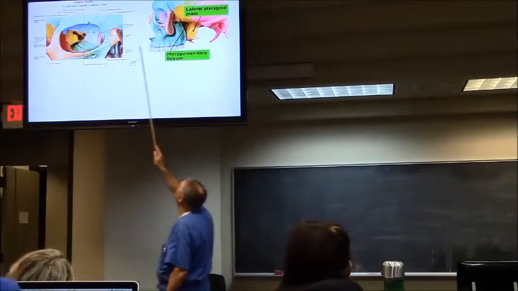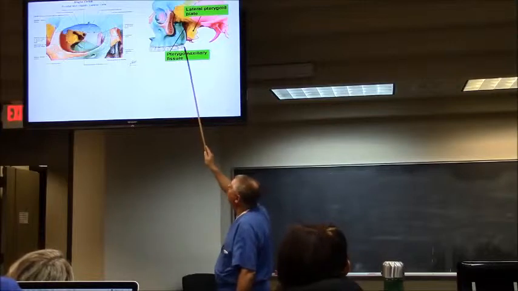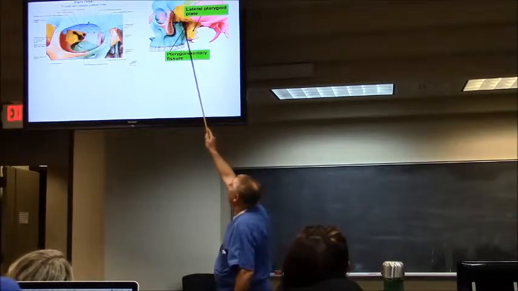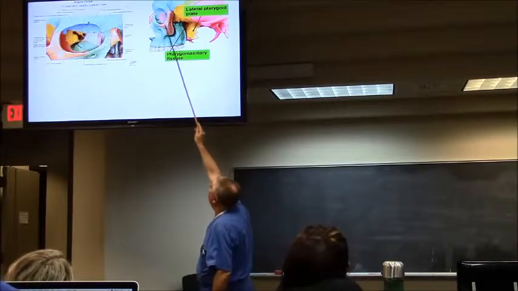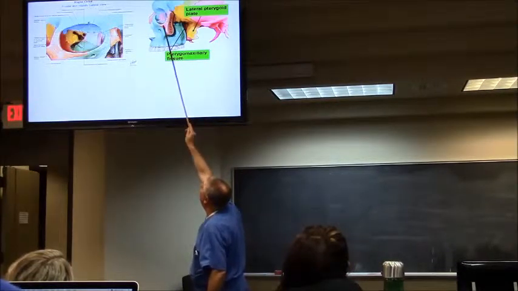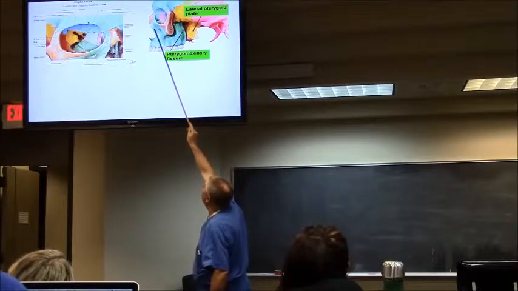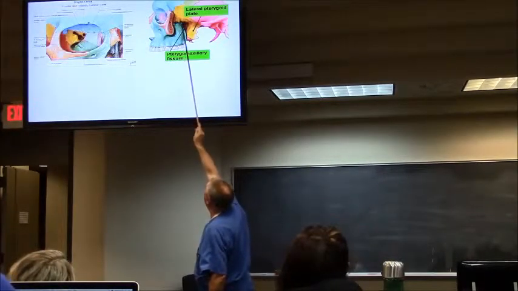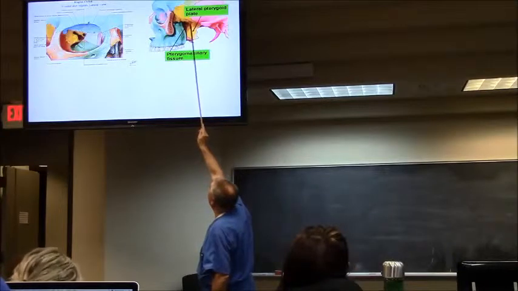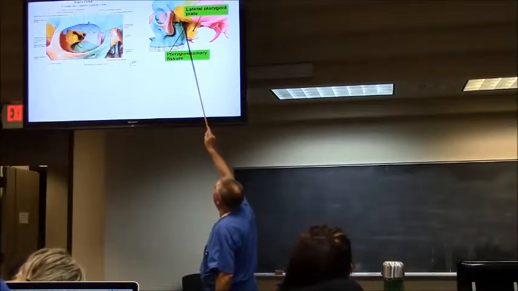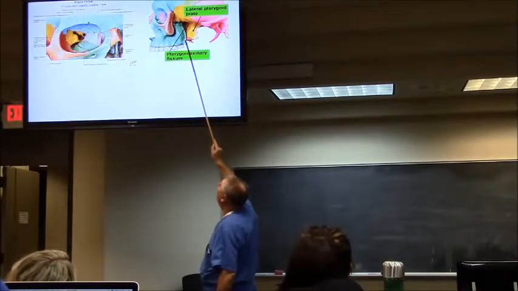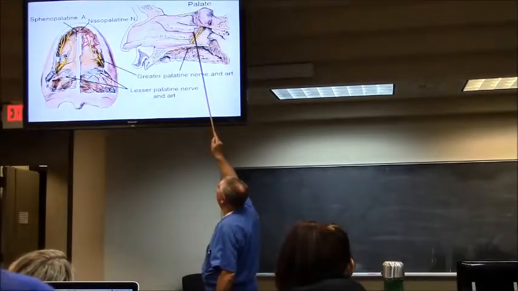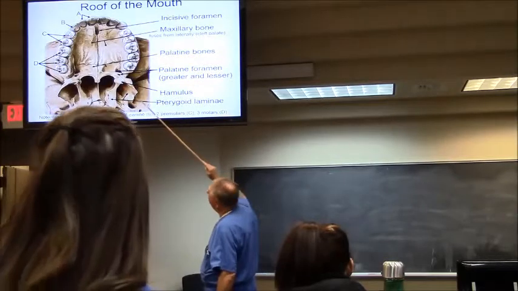Now on this section, if we look from the outside, there's the orbit right there. The nose is here. So V2 is going to be coming along here somewhere. It crosses right there. There's the back of the maxillary bone, and this is that plate. If you go back to here, that plate is right there.